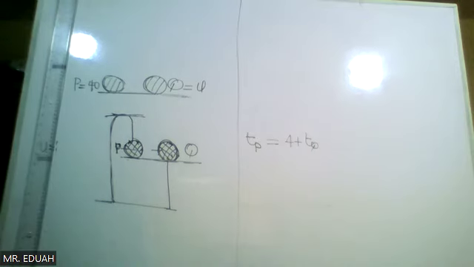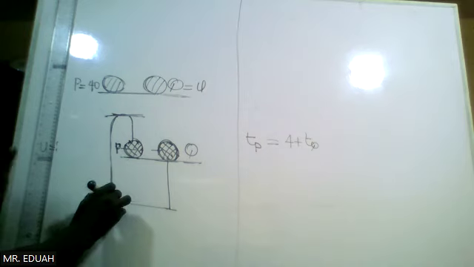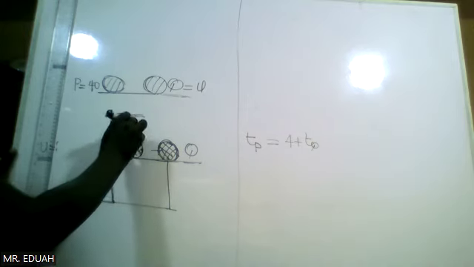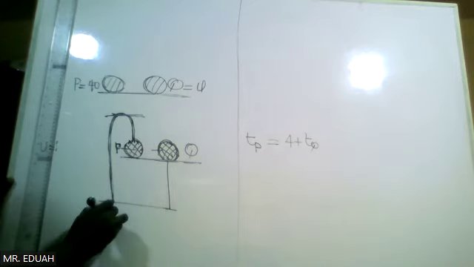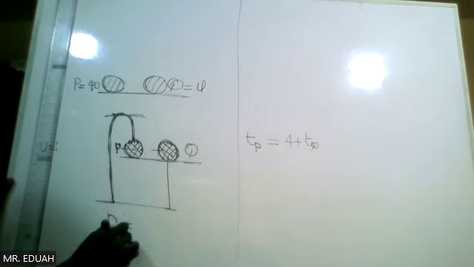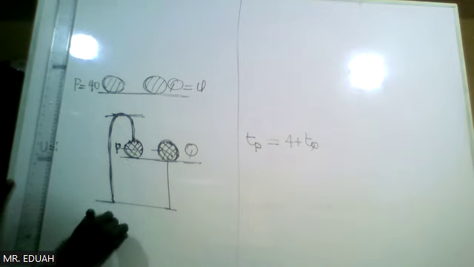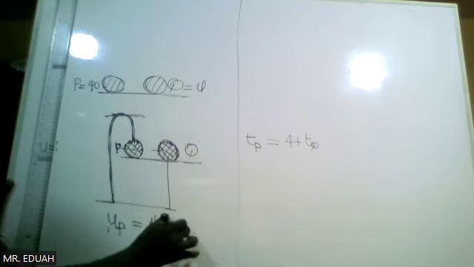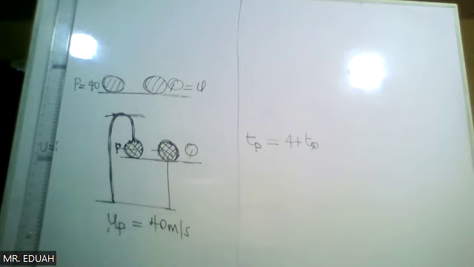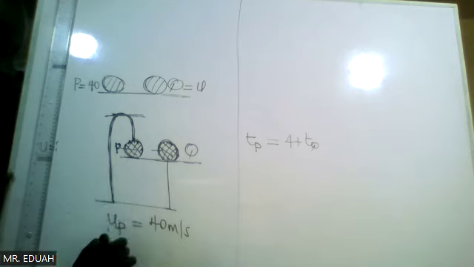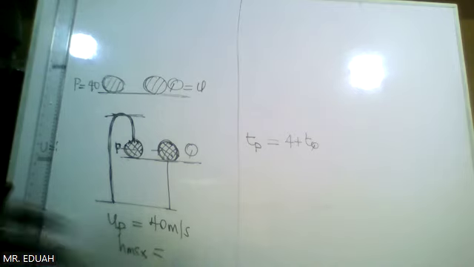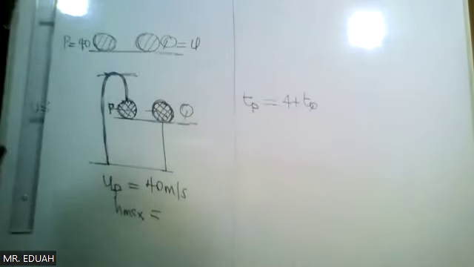All right. Now let's determine the time taken for P to reach the maximum height. We are told that the initial velocity of P, UP, is 40 meters per second. So let's calculate the maximum height reached by P, H max, and also the time taken for P to reach the maximum height.